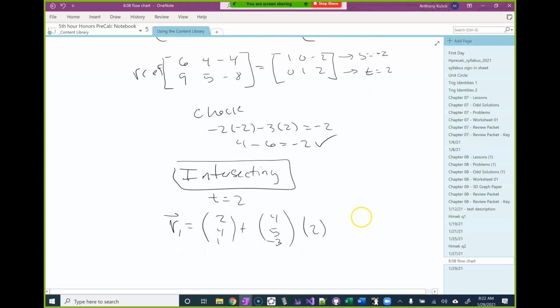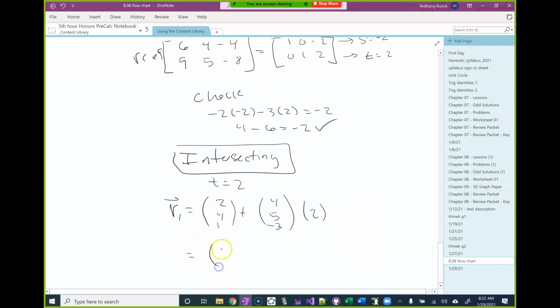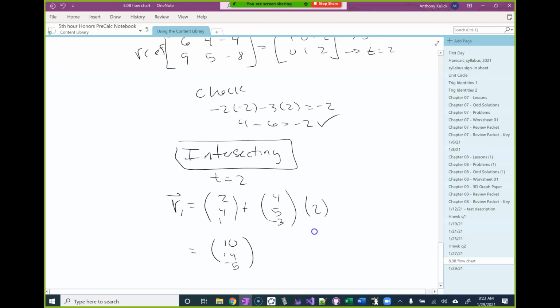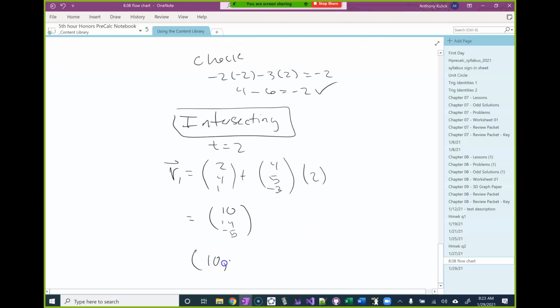So I'm going to get 10, 14, negative 5. Sorry, not negative 2, negative 5. So my point then is there.